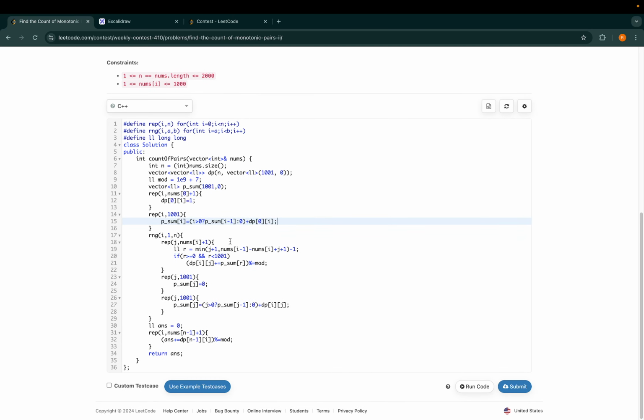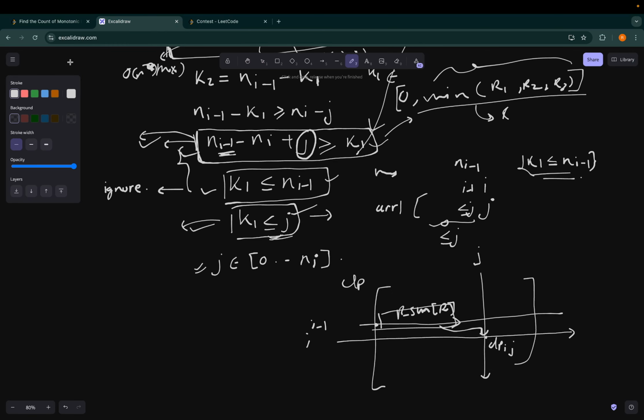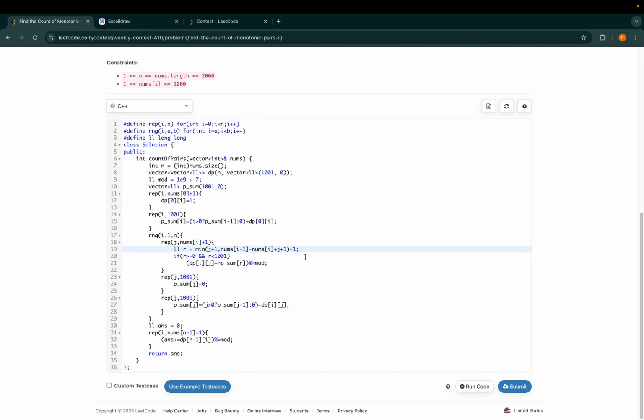And this is the minimum condition I was talking about. The first one is j plus 1. I was just running a loop in the previous loop condition, that's why I do j plus 1 minus 1, but you can also write j like this, and it will also work.